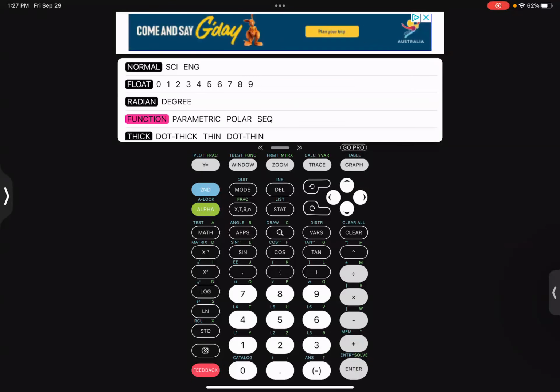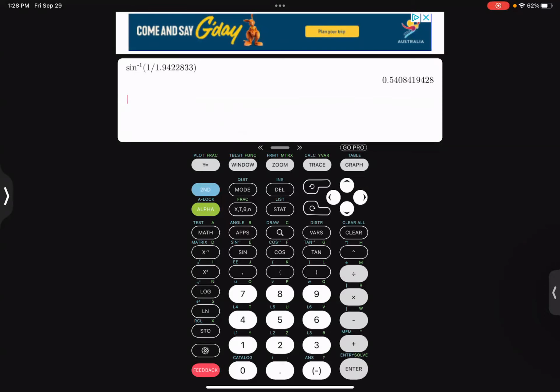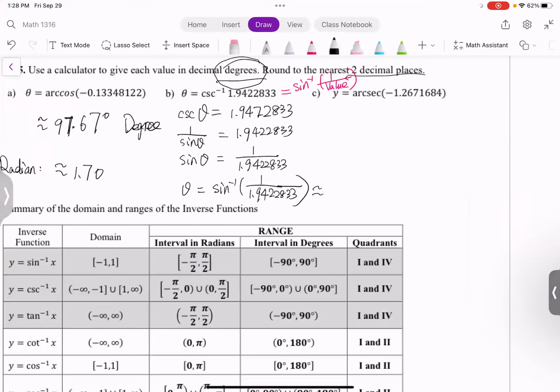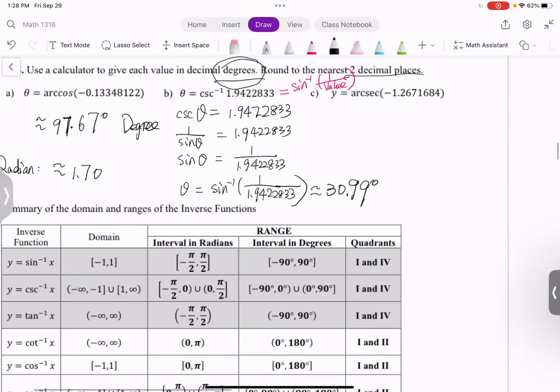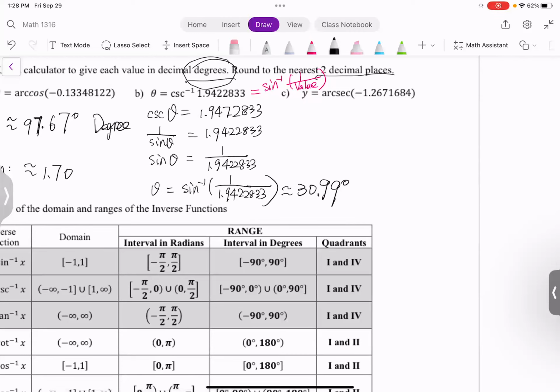If the question says in the degree mode, highlight the degree. Quit. Highlight this one again, hit enter. So this is the angle in the degree mode: 30.9879. So it's about 30.99 degrees, if asked to round to 2 decimal places in the degree mode.